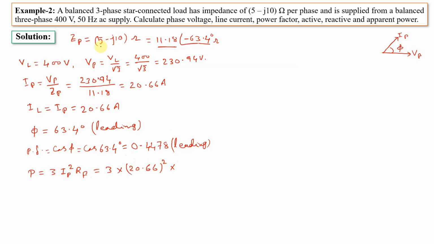R means the resistance of the circuit, that is 5. So the active power value will be 6409 watt, or we can also write 6.409 kilowatt.